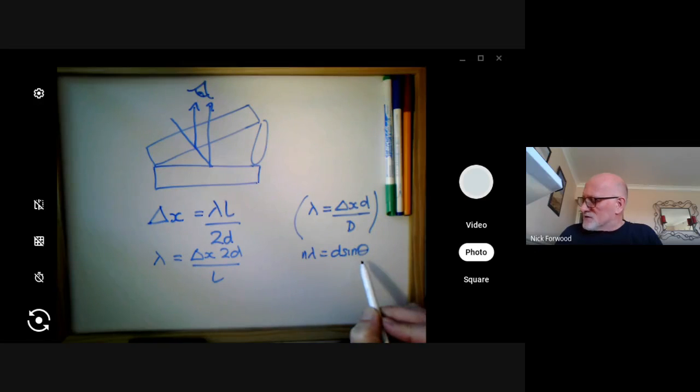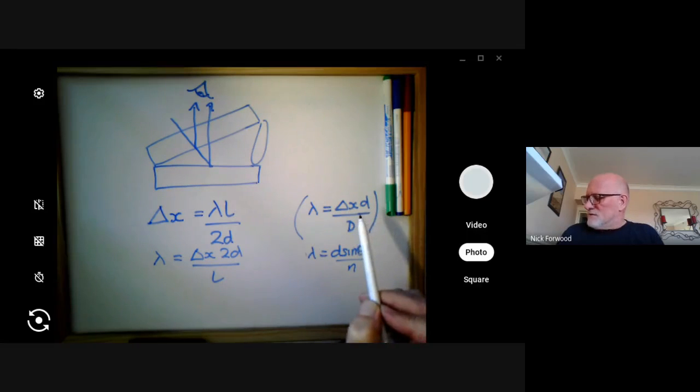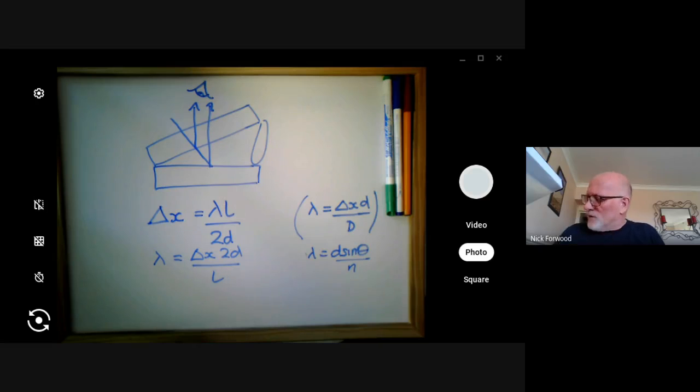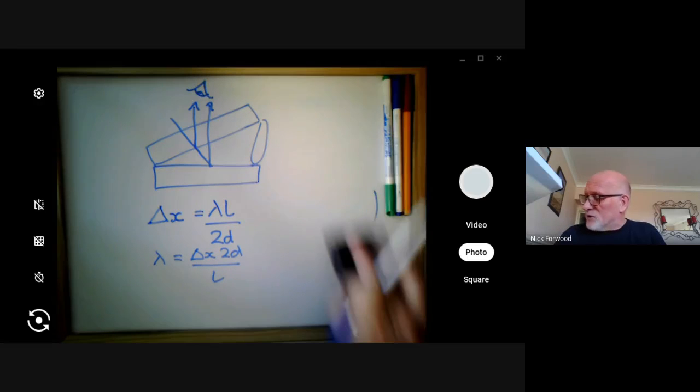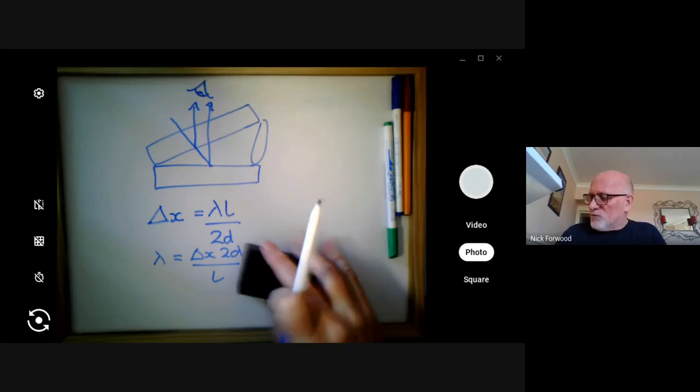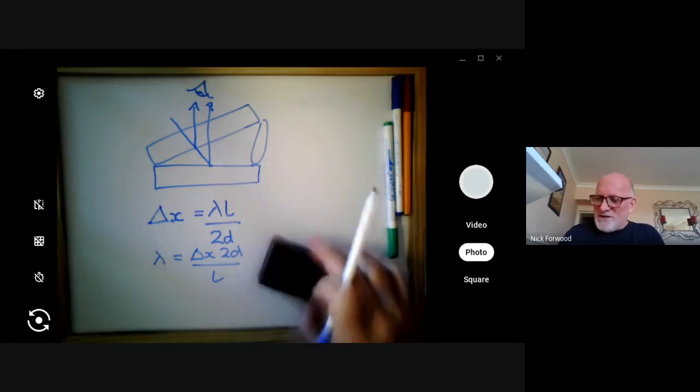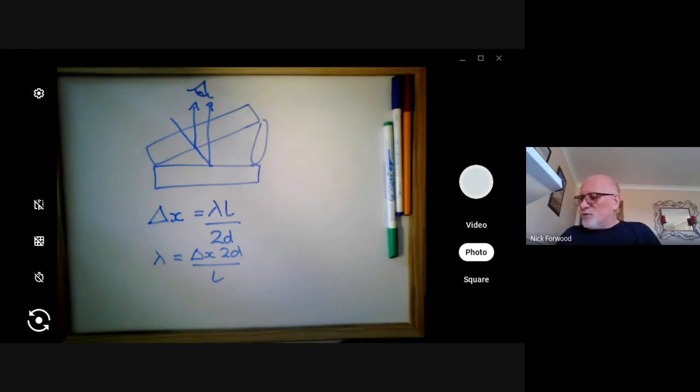There's what's called a small angle approximation for sine theta, which turns the higher formula, when you've rearranged it, if you put the n down there, into this advanced higher formula. So this is the interference by division of wave front formula, which is not what I'm looking at the moment. This is the formula here for the air wedge, and you're just going to have to learn which formula applies for which.